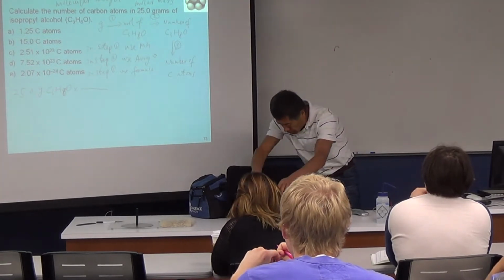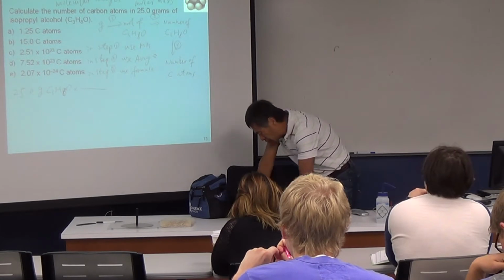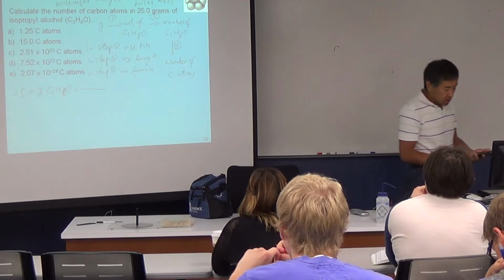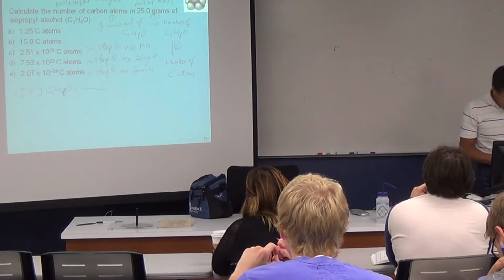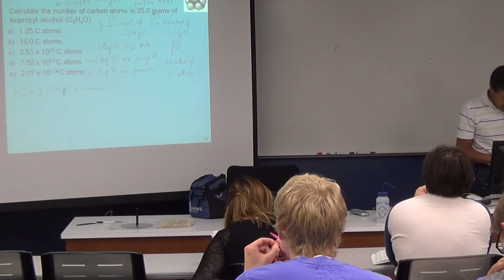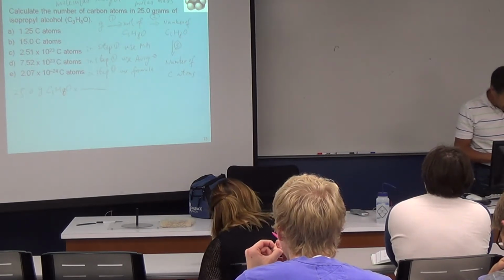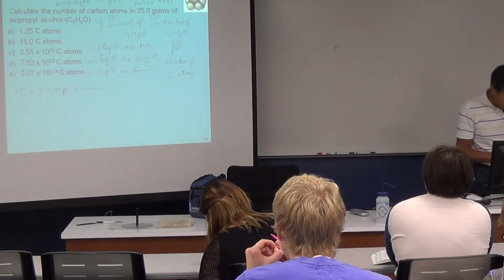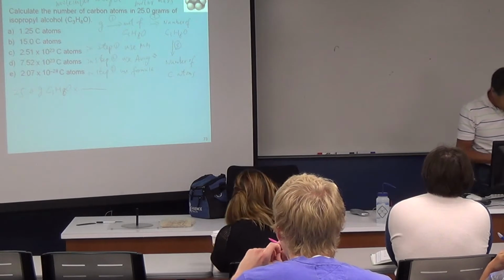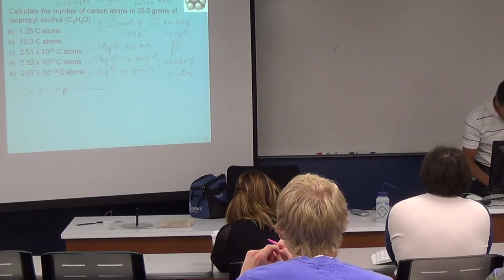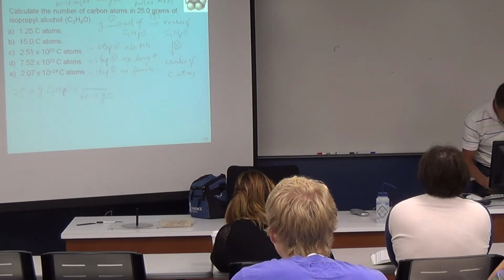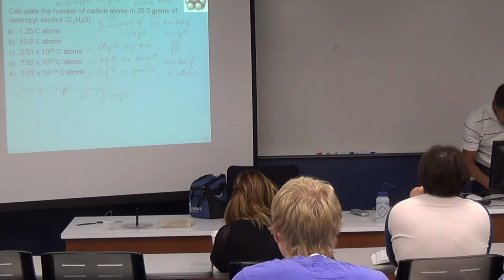So I think you should be able to calculate the molar mass now if I give you the formula. So you have 3 carbon, so 3 times 12.01. Then you have 8 H, so 8 times 1.01. Then you have 1 O, so plus 16. And the molar mass is 60.11 gram C3H8O.